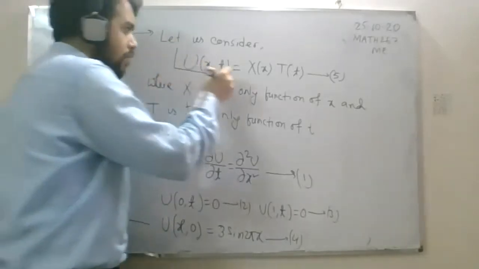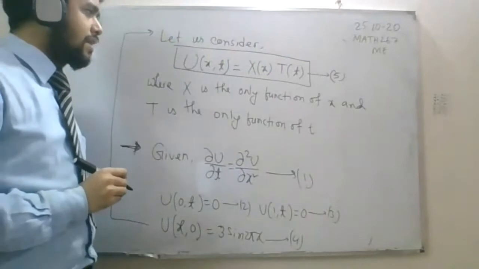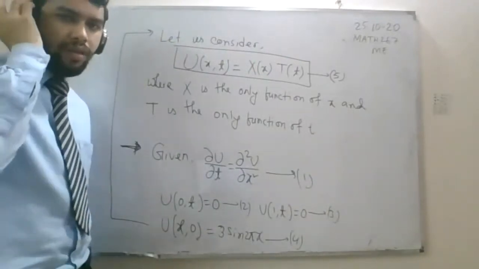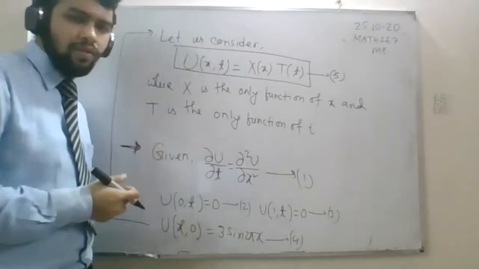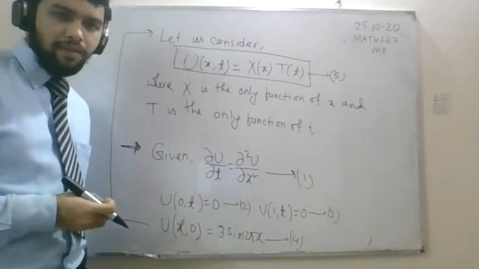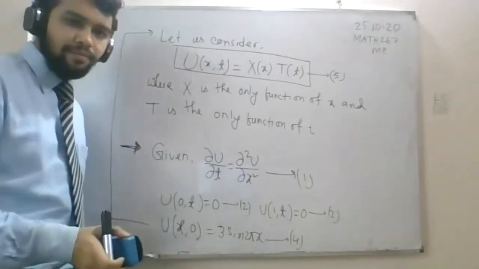Here we use the product method, which is u(x, t) equals X into T(t). So now what we have to do after that? Anyone?